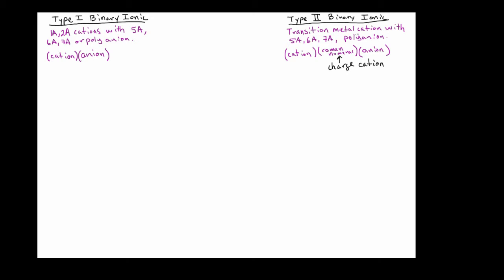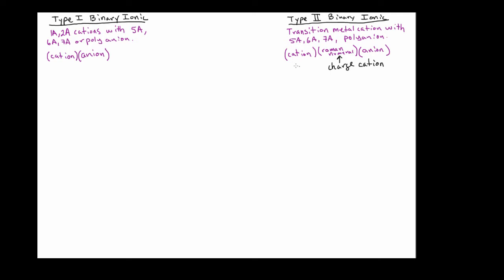The type 2 binaries involve the metal cations that are transition metals, and since those metals can have different charges, the name will include a Roman numeral so that we know the charge on the cation depending on what anion it is combined with.